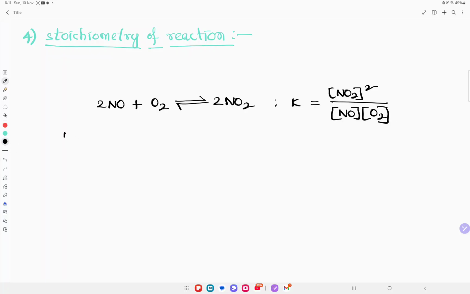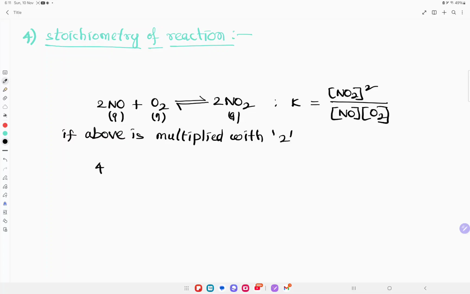If the above equation is multiplied with 2, then what we get? 4NO gas plus 2O2 gas gives rise to 4NO2.